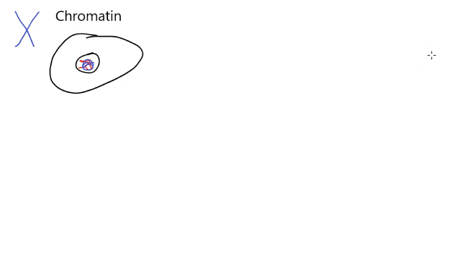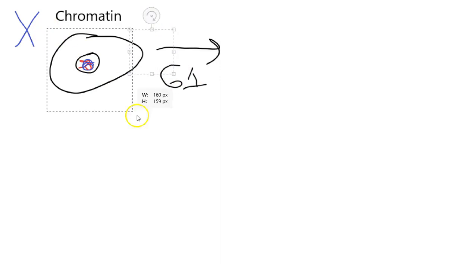The next thing that's going to happen in interphase, so interphase is where we are now, I guess I should make that black. Next thing that happens in interphase is called growth 1, or G1. So in G1, the only thing that's going to happen is that your cell is going to grow.